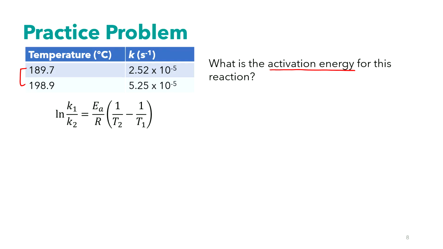The biggest mistakes you're going to make are calculator punch errors, using the wrong R, so make sure you grab the right R, that 8.314, and make sure you use temperature in Kelvin, so make sure to convert to Kelvin, and then make sure you are pairing your rate constant and temperature correctly. So I would start here and say, I'm going to call this 1, and I'm going to call this 2, just so that I don't screw up the placement of my K1 and K2 versus T2 and T1.